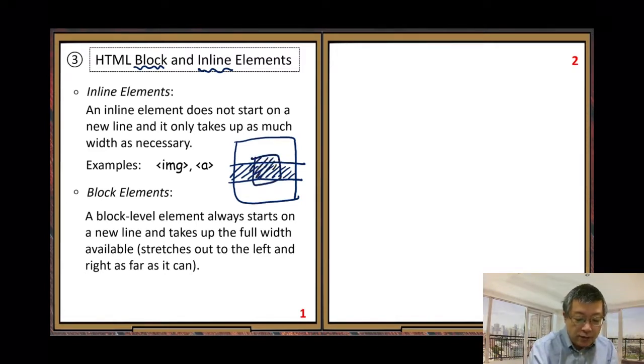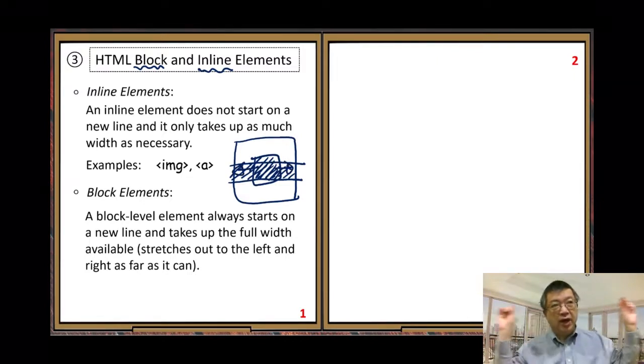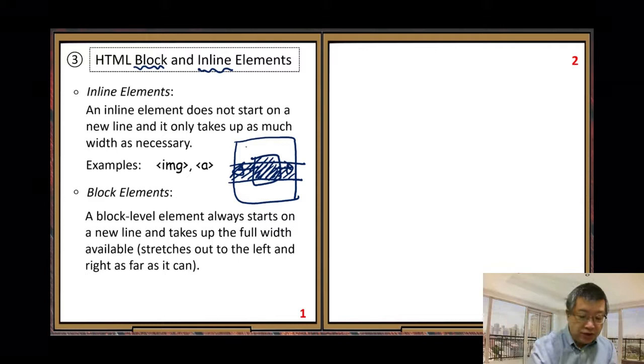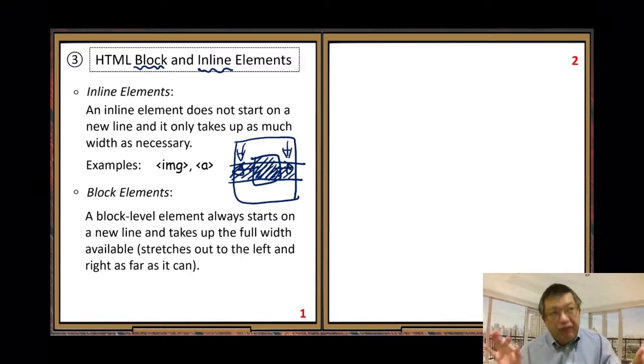Sometimes you may like to put your element in the middle. In that situation, it stretches to the left and to the right. That means on these two sides, you cannot put other elements.